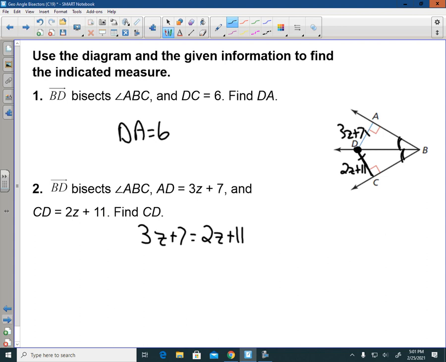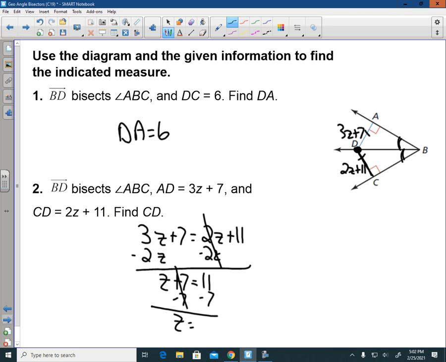I'm going to subtract 2Z from both sides. Creates that cancellation. 3Z's minus 2Z's is a single Z, plus 7 equals 11. Subtracting 7 from both sides gives us Z equals 4.